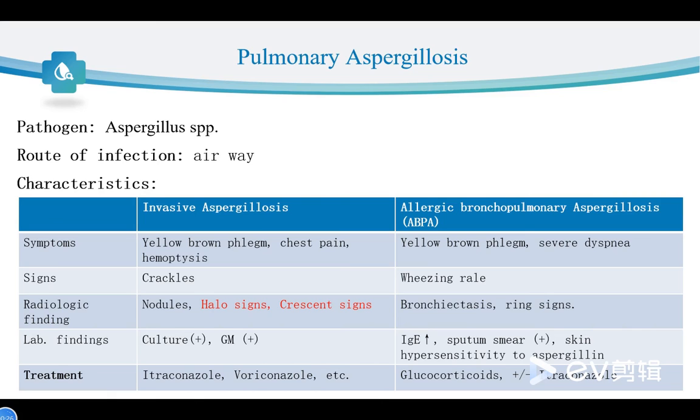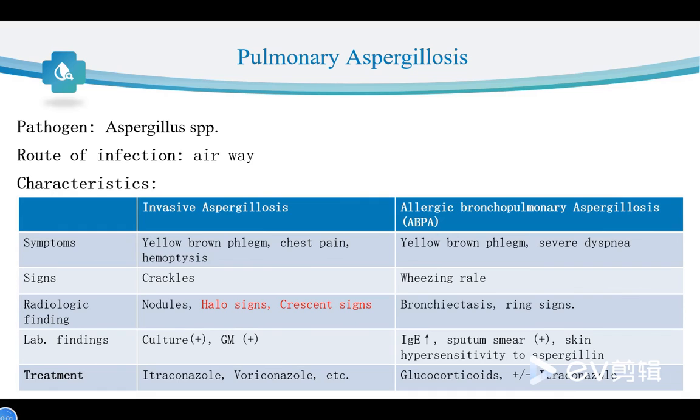That means the pneumonia caused by this fungus. And another one is the allergic bronchopulmonary aspergillosis, for short, ABPA. And this subtype of pulmonary aspergillosis is similar to the asthma caused by this fungus.